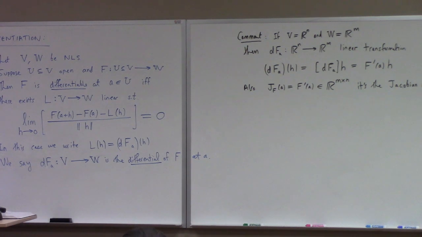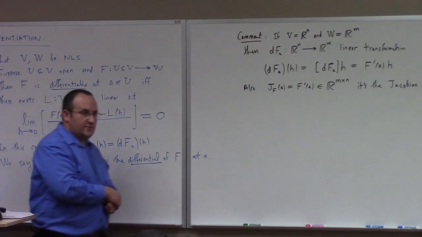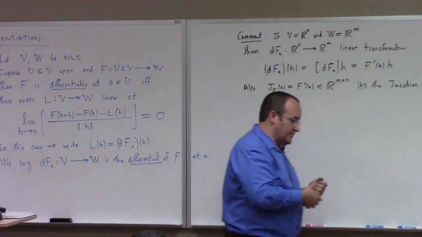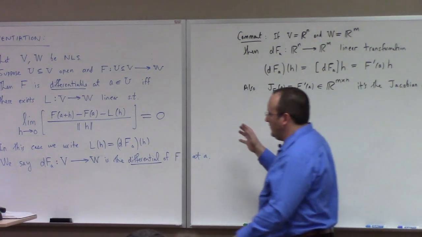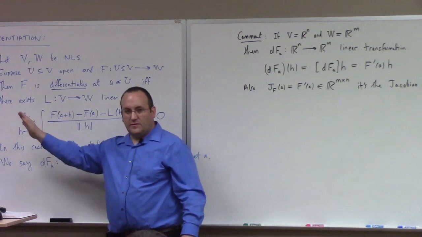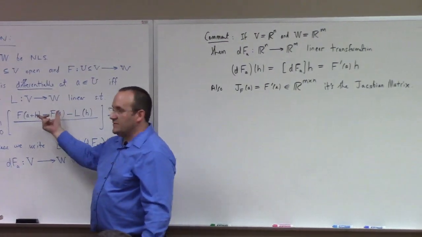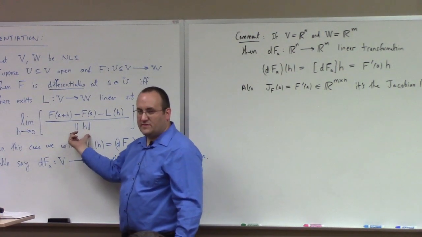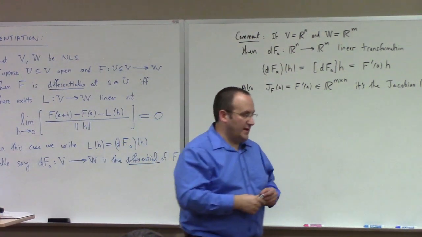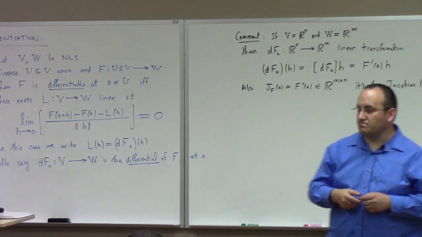Now, let's just talk about this definition. Like, what is it saying? By the way, some people will put a norm upstairs too, like the norm with respect to W upstairs. But I just put the norm with respect to V downstairs. It suffices. I prefer this definition.